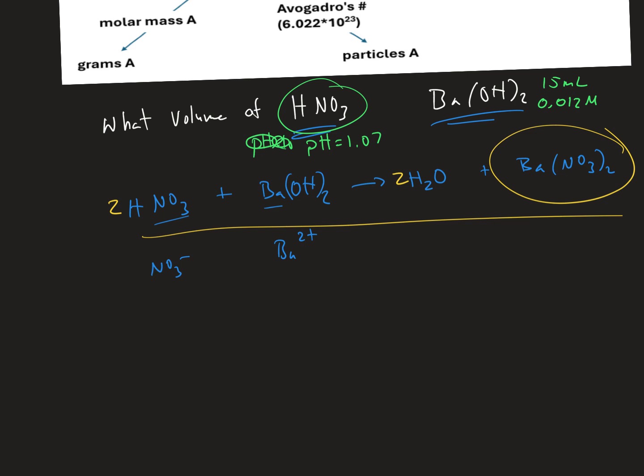And so what's the question? The question says, what is the volume? So we're looking for volume, milliliters or liters. So we'll just say liters, okay? On the test it might say milliliters, then you'll just have to convert it to milliliters, right?